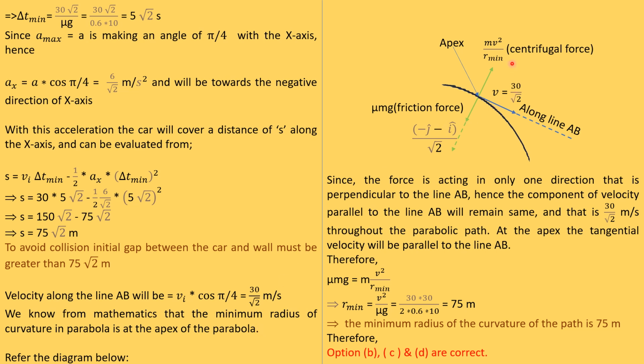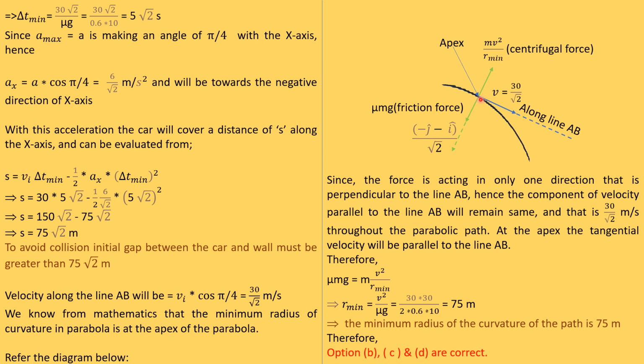So if we consider the forces acting and the velocity at the apex, we should be able to get the minimum radius. So here is the apex we have assumed.